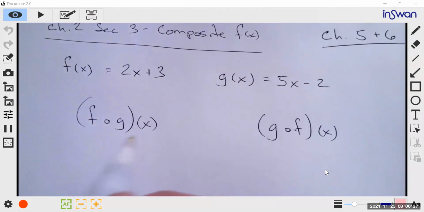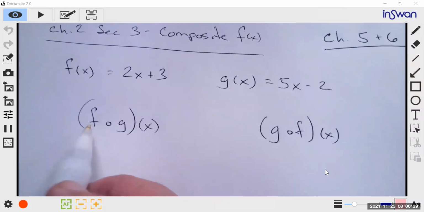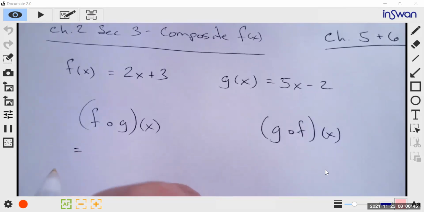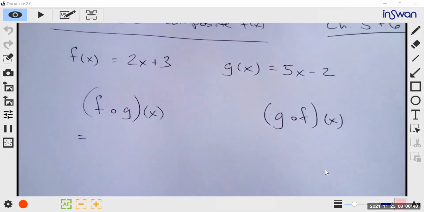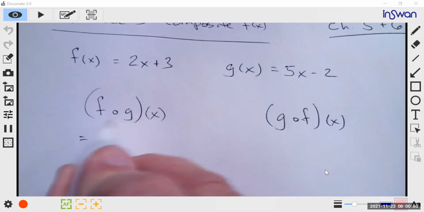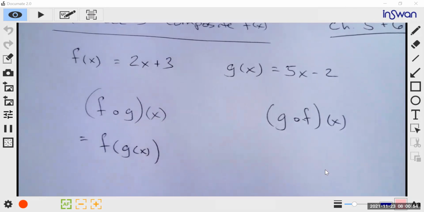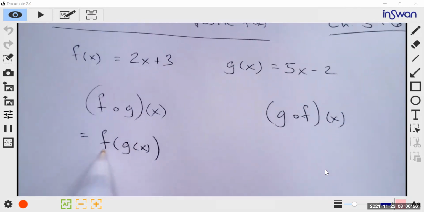What this means is, the way you read this is the function f of g of x. Whatever is after the word "of" goes inside the other function. So this first function can be written as f of g of x.